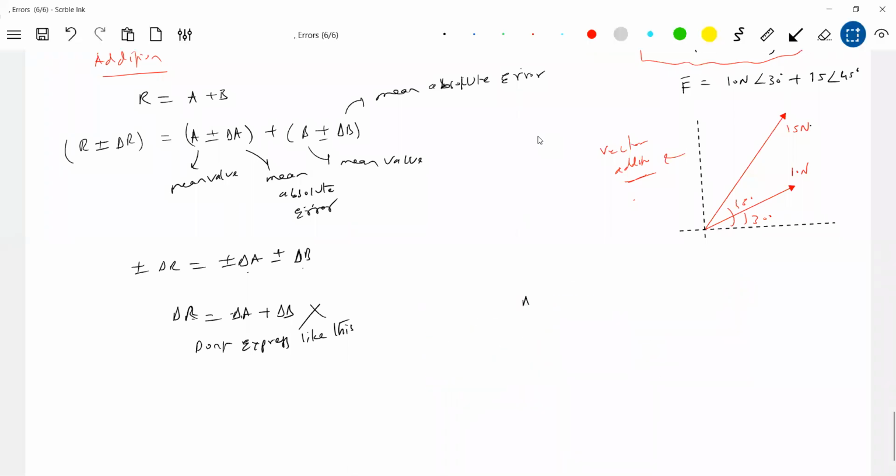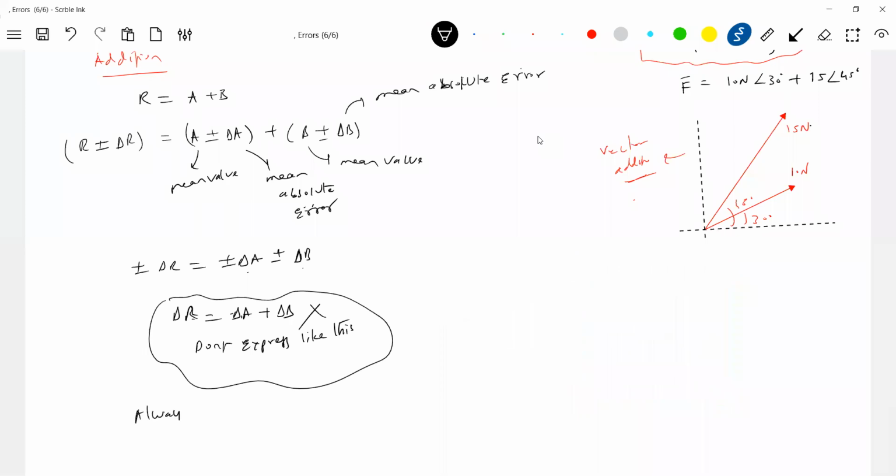Okay, agree on this one? Always express the maximum possible random error. So what is this delta A? The mean absolute error in it. So when you add two quantities having random error, what is additive? Shall I say mean absolute errors are additive?